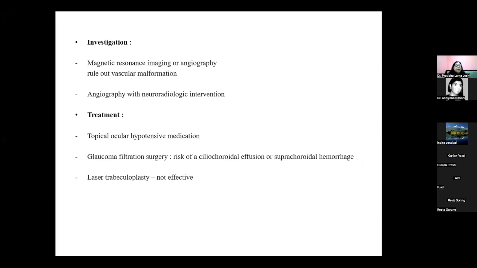In this case, we have to do thorough investigations like MRI and MRA to rule out vascular malformations, angiography with neuroradiologic intervention, and in treatment, topical or ocular hypotensive medication to control intraocular pressure. But the pressure control is very difficult. We may need glaucoma filtration surgery, and there is always risk of ciliochoroidal effusion and suprachoroidal hemorrhage. Laser trabeculoplasty is not effective.